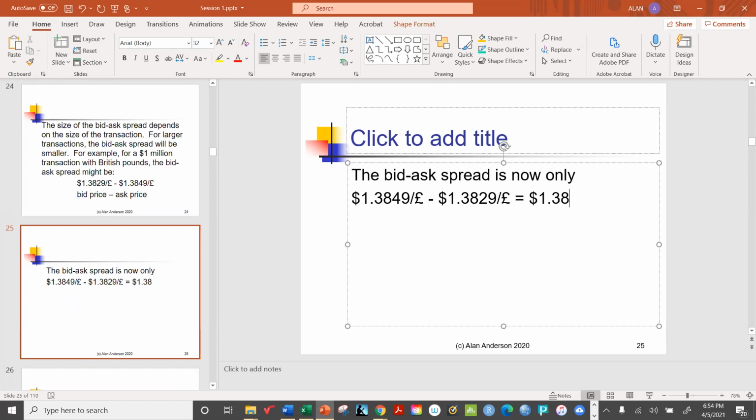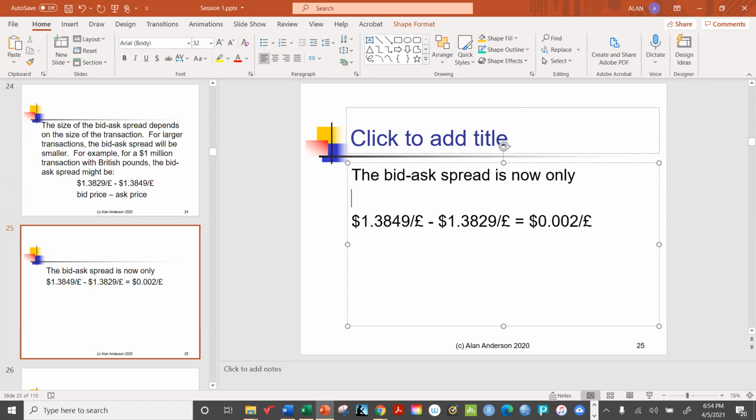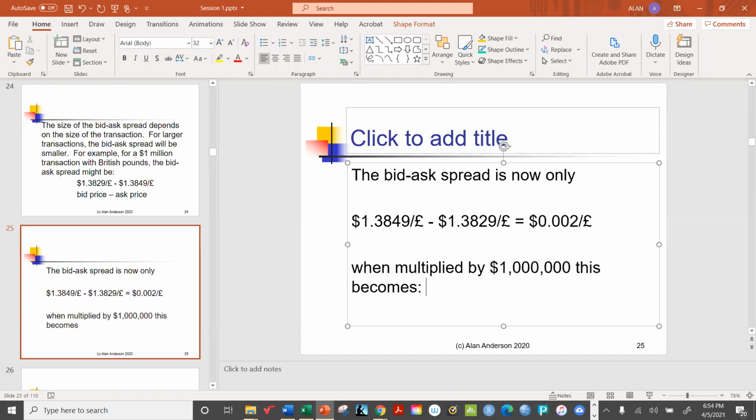No, sorry, 0.002 per pound. But when you multiply that by $1 million, now we're talking about some real money. $2,000 on a single transaction.